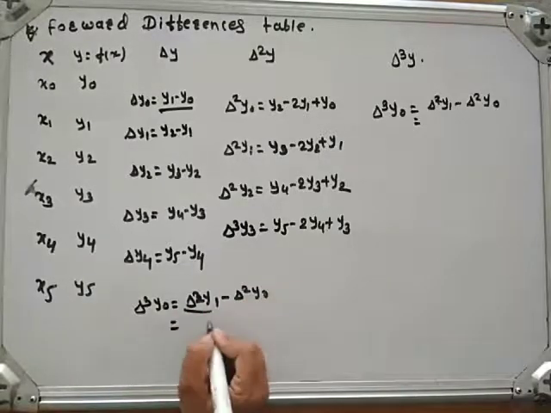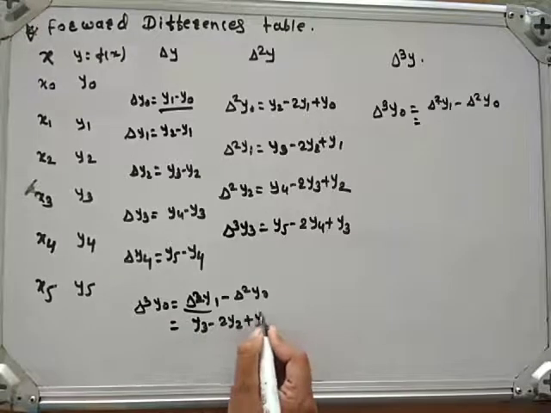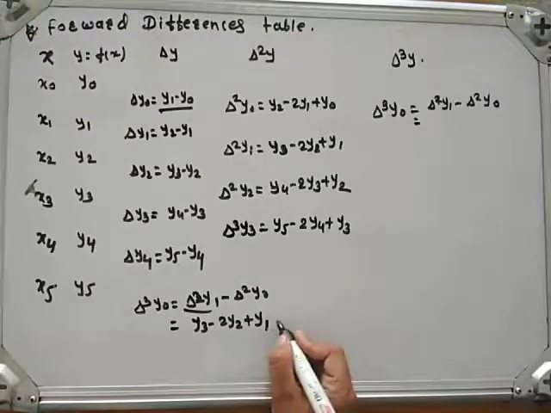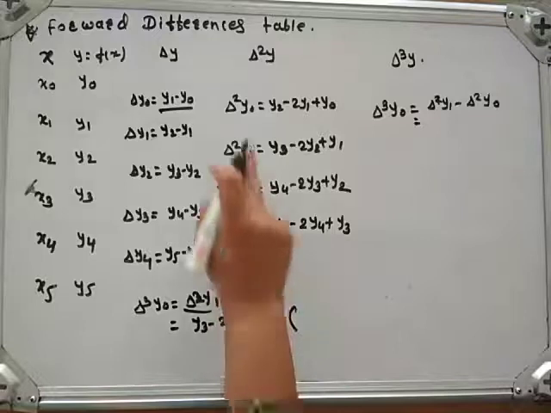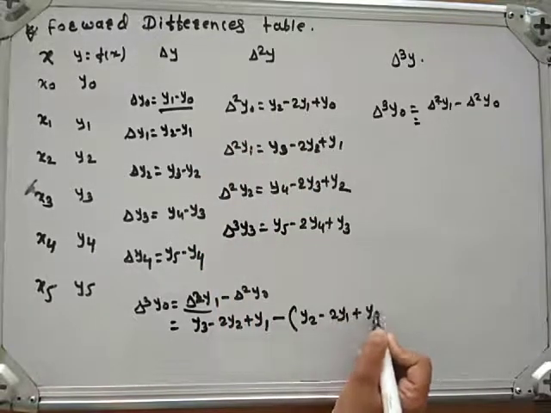Delta cube y0 is equal to delta square y1 minus delta square y0. Delta square y1 is y3 minus 2y2 plus y1, minus delta square y0, which is y2 minus 2y1 plus y0.